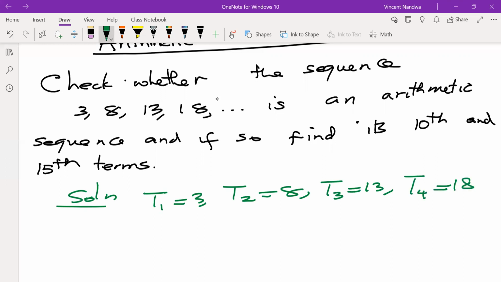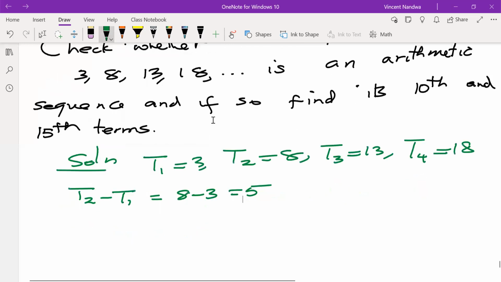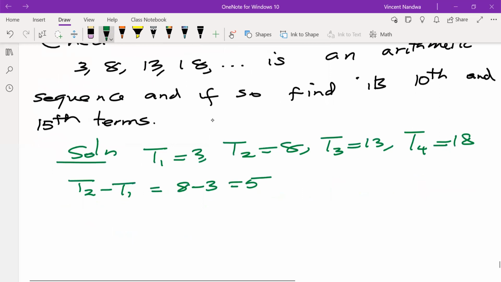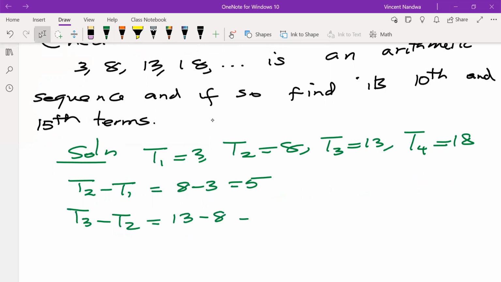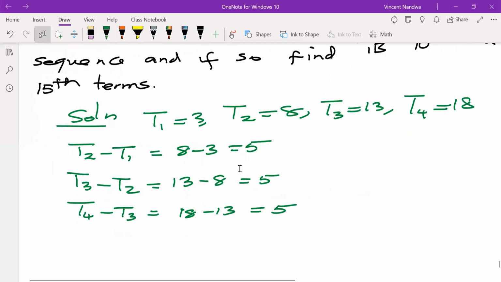So let's check: T2 minus T1 is 8 minus 3, we get 5. Then T3 minus T2 is 13 minus 8, which is also 5. T4 minus T3 is 18 minus 13, which is also 5.